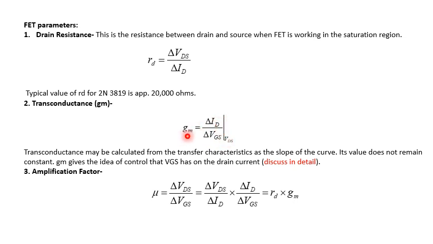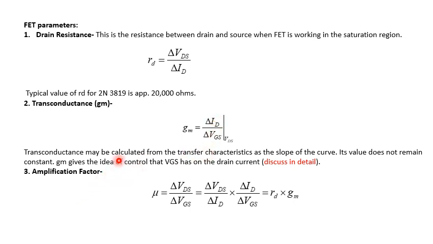And if GM is low for some field effect transistors, it means that the denominator is high and the numerator is low. That is, we are changing the input voltage by a large amount, but the variation in the output current is not so prominent.